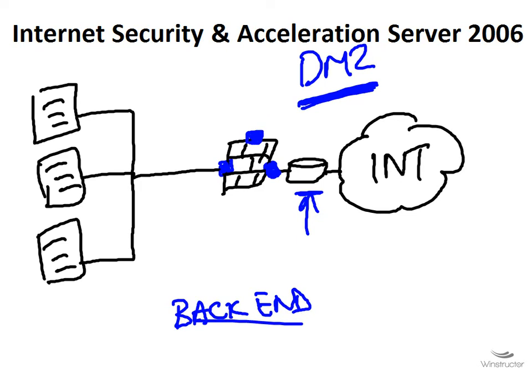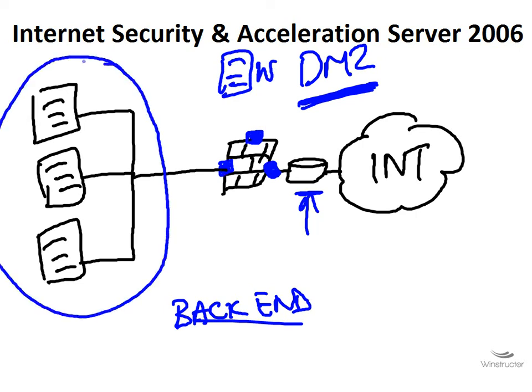And it's this DMZ that now allows us to take the servers that we want people outside of our network, guys from the internet, to access. We can put them inside our new network, so we'll say this is our web server here, and that won't compromise the security of our internal network.